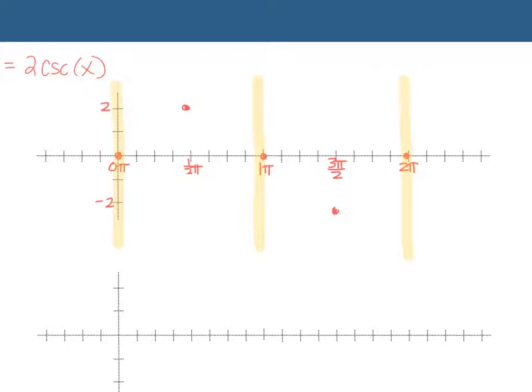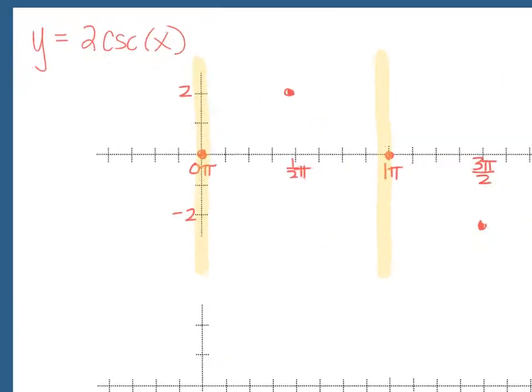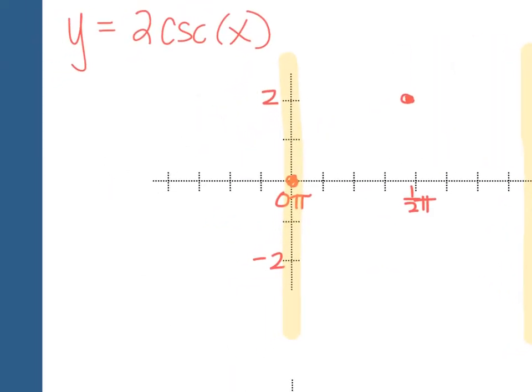This forms your domain. The domain used to be all real numbers. The domain is not that anymore. The domain is all real numbers not equal to the position of the asymptotes you just drew.